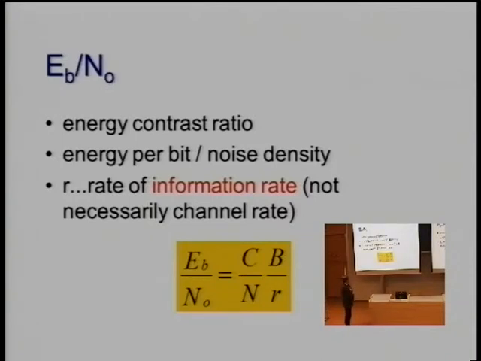So it's C over N times B over R. This I can measure immediately with a spectrum analyzer or with a power meter, and then if I want to know the Eb over N naught, I multiply by Bn over R. But I put that in red. Very important, this R is the information rate of the user bits in the end, not the channel bits.